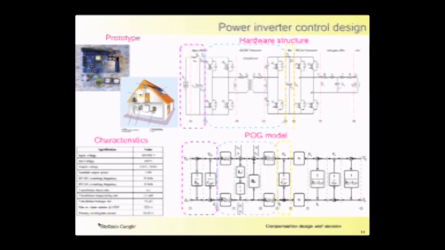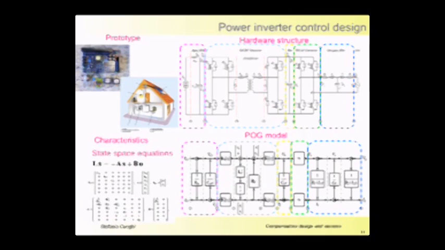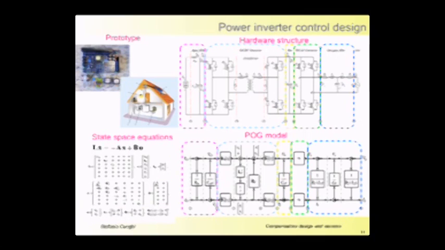Then there is the connection bus, and section 6.7 denotes the DC-AC converter, which is PWM controlled. And finally, there is the low-pass filter. These are the state space equations of the system.